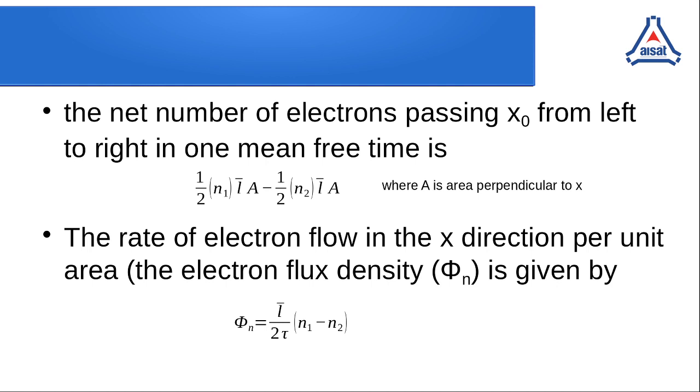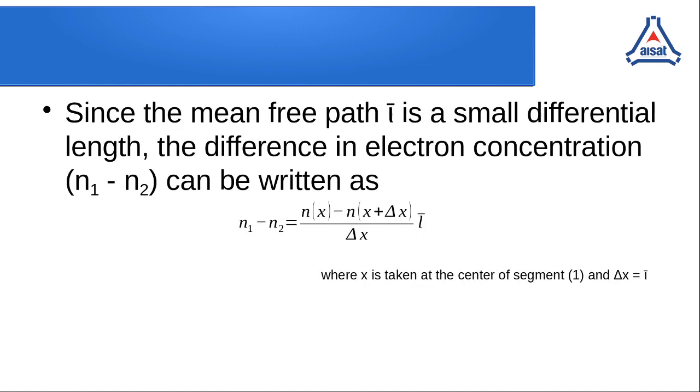So the electron flux density in the x direction per unit area is given by phi n equals L bar by 2 tau into n1 minus n2. Keeping that in mind, we will try to simplify n1 minus n2.